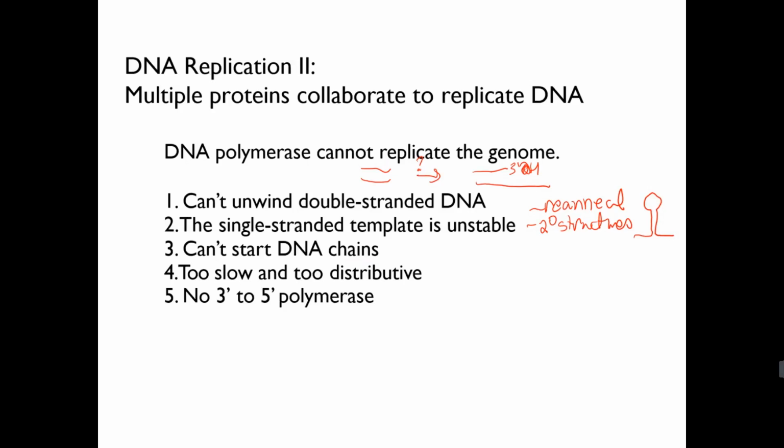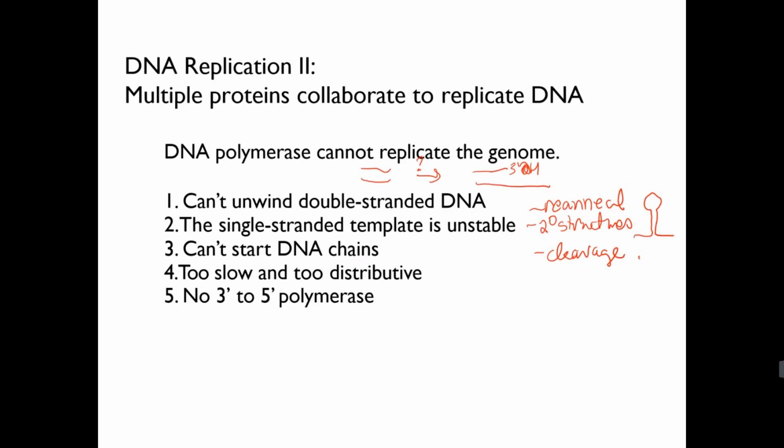Who's more susceptible to nucleolytic cleavage, single-stranded DNA or double-stranded DNA? Single-stranded DNA is, right? So you get cleavage. So there are a lot of reasons why cells prefer not to have single-stranded DNA hanging around, yet single-stranded DNA is a prerequisite for the polymerization reaction. So the question is, how does that happen?